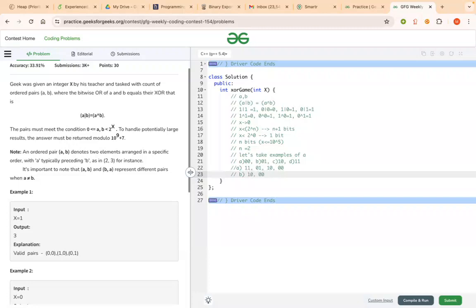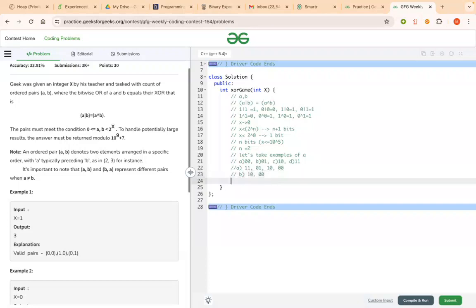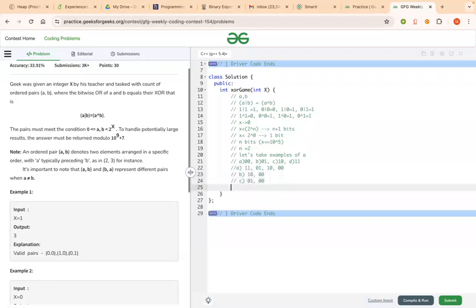So these two are the only cases. Any other cases? No. Okay, so for c, it can be 0 1 or 0 0, right? And for d, what can be the other pair? There is only one option, that is 0 0.